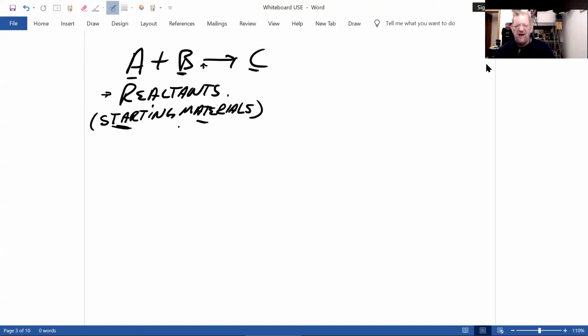Now, what you make is at the head of the arrow, and that's C, and both groups call that the product or products. If there's more than one, it's called products, or if there's only one, it's a product. So A, and the plus symbol means and, you react A and B together and you make C. And this is a chemical equation.